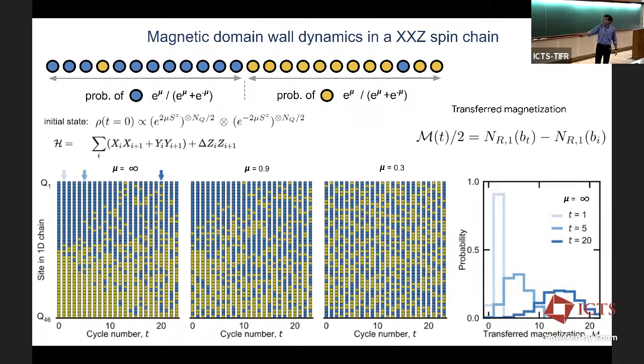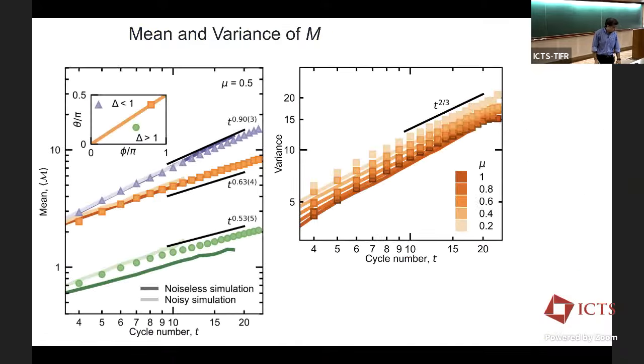So after you get these, you form histograms, and I'm about to show you the analysis of the moments of these probability distributions. First, we look at the mean and variance. That's rather straightforward, in the sense that it has been done to death by many other people, and there is not much to worry about here. For this value of delta, if you remember, delta was the ratio of the z term to xx plus yy.